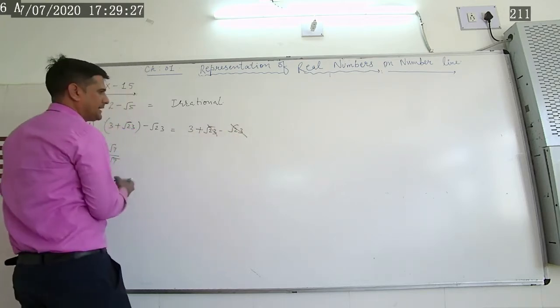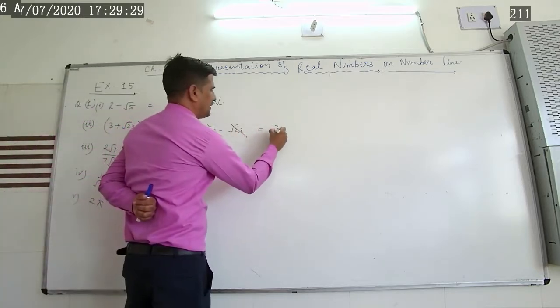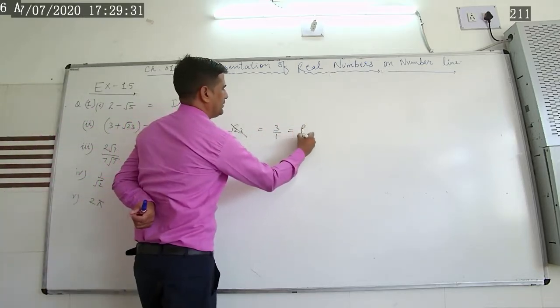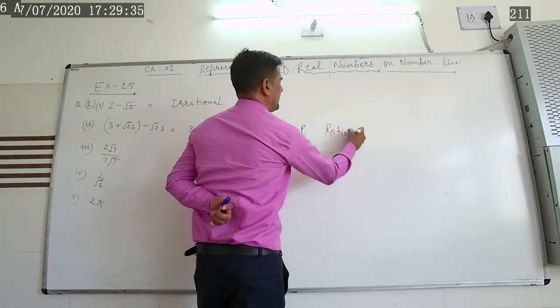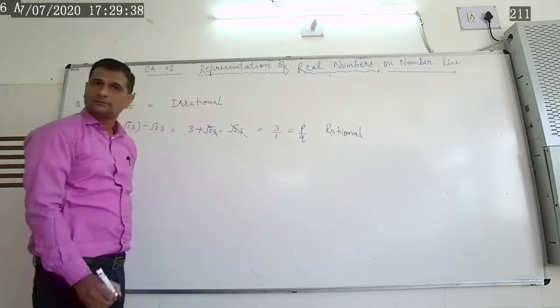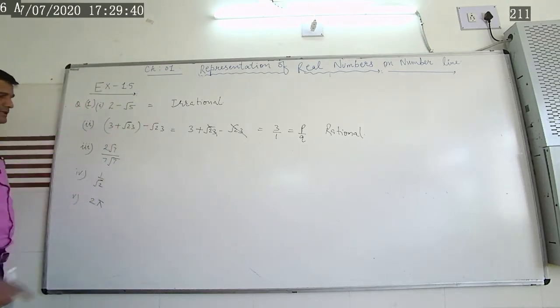Positive and negative will cancel out. That is equal to 3 over 1, of the type p by q, so it is rational. Clear everybody? This is coming as rational.